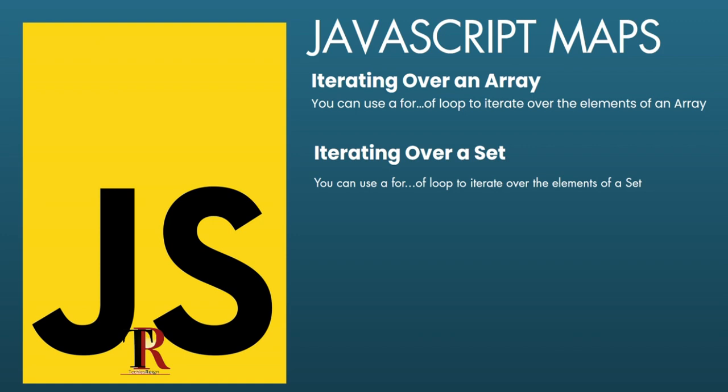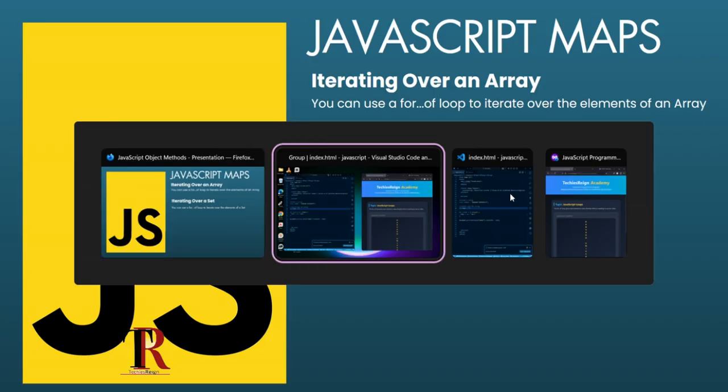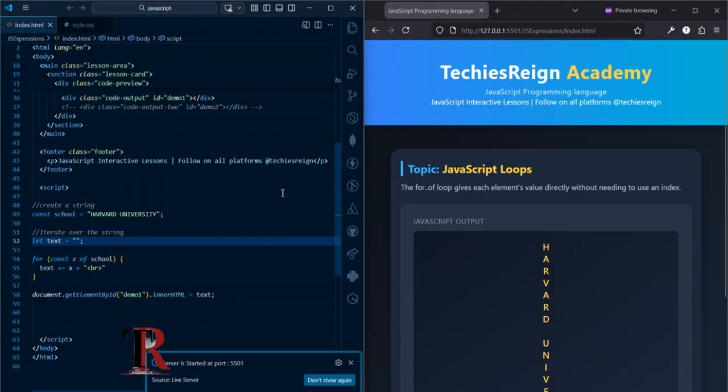So I'll be practicalizing with two different examples, with string and with number, so that you see how the for of loop works to iterate over the elements of an array. So let's get started. Here is my code editor.